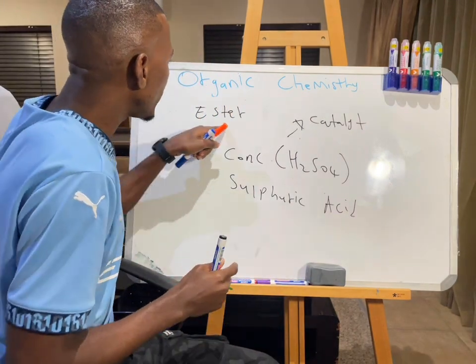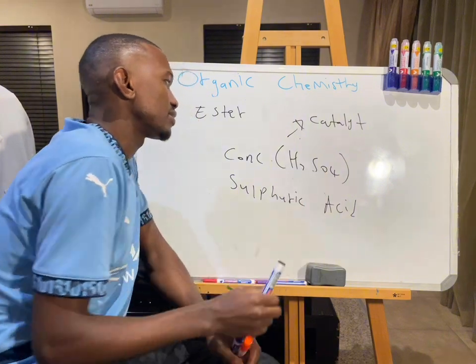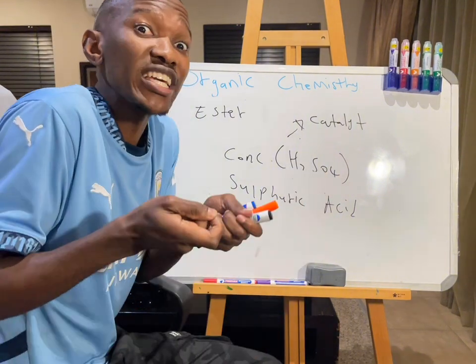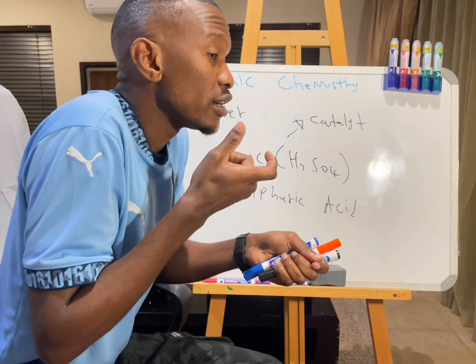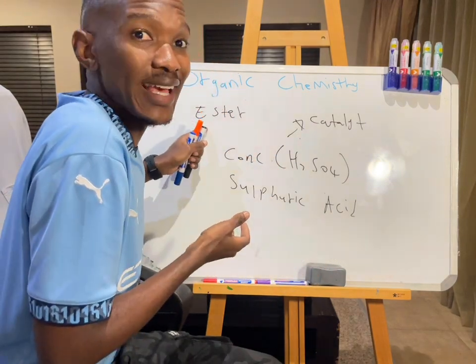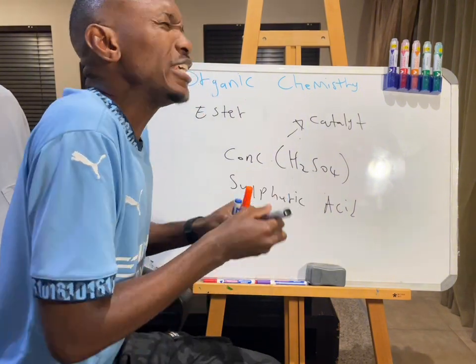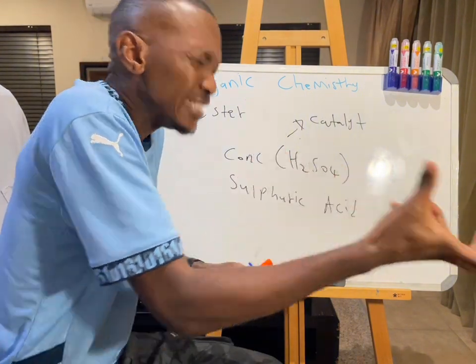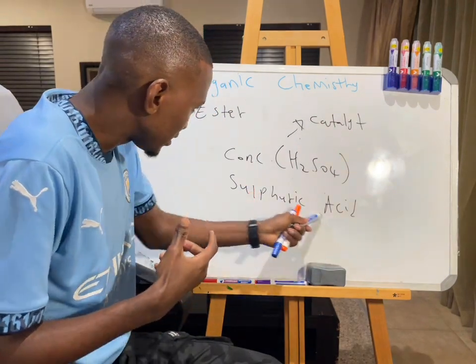The catalyst of an ester is always sulfuric acid. It doesn't change. When they say give the chemical formula of the catalyst of that ester, this is the chemical formula. Give the chemical name of the catalyst of that ester product: sulfuric acid.